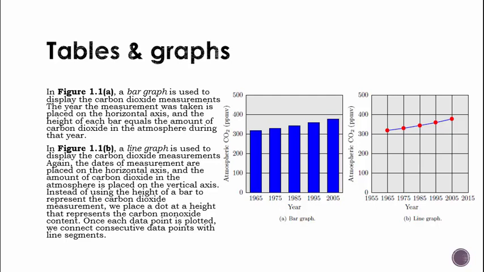Once each data point is plotted, we connect consecutive data points with line segments. So again, in 1965, I'm going to go up and place my dot where it was measured. So 310. Then 1975, I'm going to place the dot there. And then I'm going to connect my dots with lines. And that's where we get line graph from.